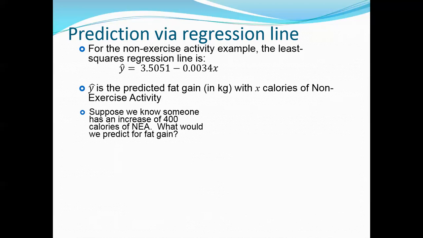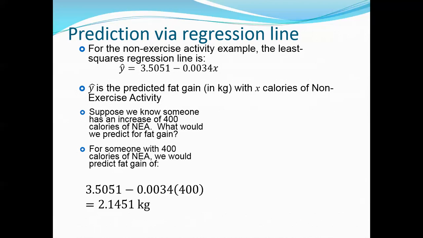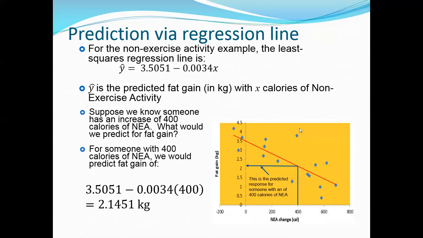What would we predict for fat gain? We would predict fat gain of 3.5051 minus 0.0034 times 400, which is 2.1451 kilograms. If we look at the visual from the beginning, we see that at 400, if we follow it to the red line, that has a value of about 2.15.